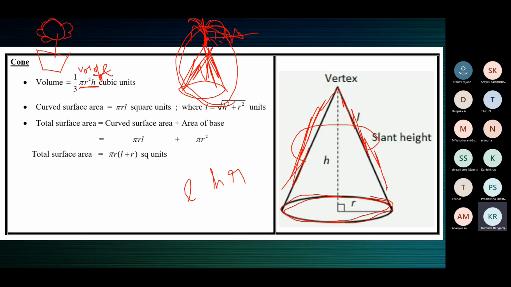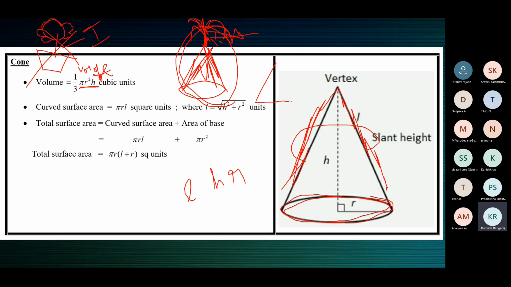First standard, second standard children normally draw a flower pot like this, but I'm not talking about this. I'm talking about the night cracker. This night cracker is a solid cone.